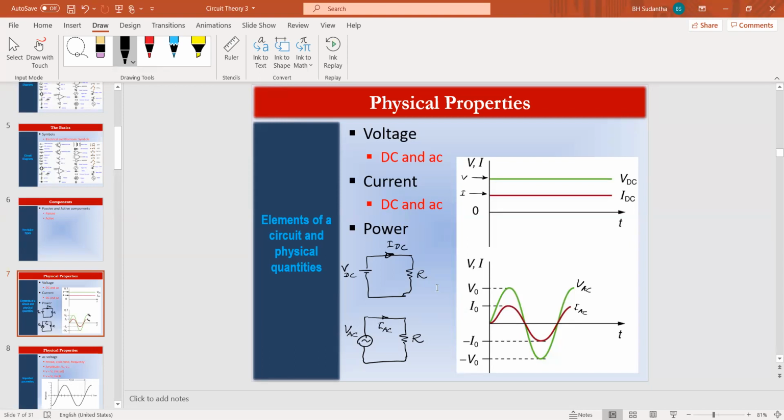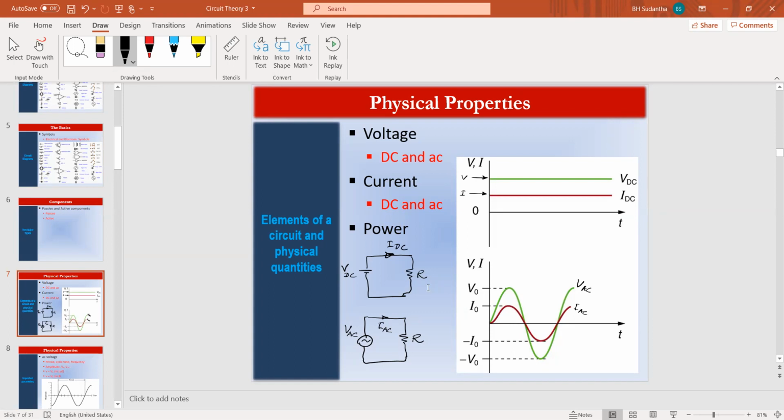We are discussing resistors and some other components. But anyhow, we should be able to understand the difference between the effects of DC voltages and AC voltages. And when you apply those voltages, what is the effect of those on the circuit, those things we are going to discuss.